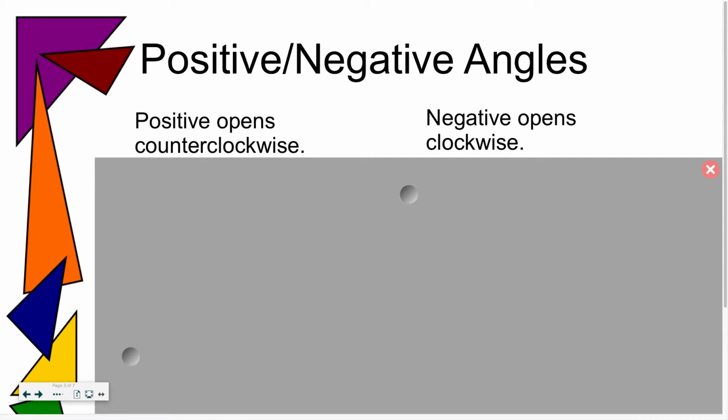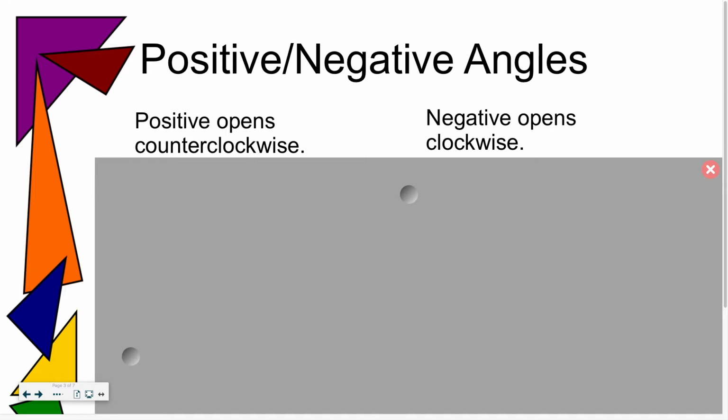You've got your initial side on the positive x-axis, and you've got your terminal side. Counterclockwise would be opening in the order of the quadrants: I go through quadrant 1, then quadrant 2, quadrant 3, and finally quadrant 4. If I'm negative, I open in the opposite direction, so we would call that clockwise.